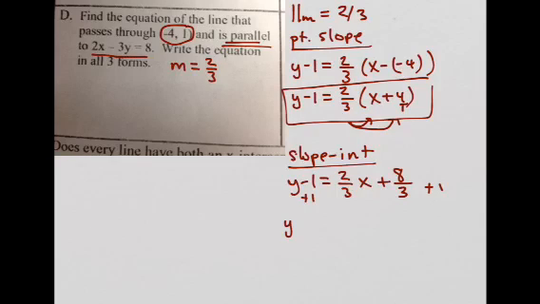And so I get y equals 2/3 x. Now the 1, I could add it as 3 over 3 to get a common denominator. So 8 and 3 is 11 over 3.